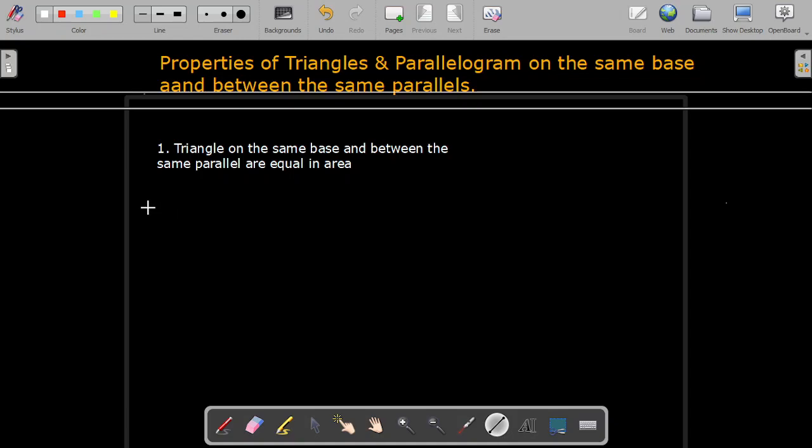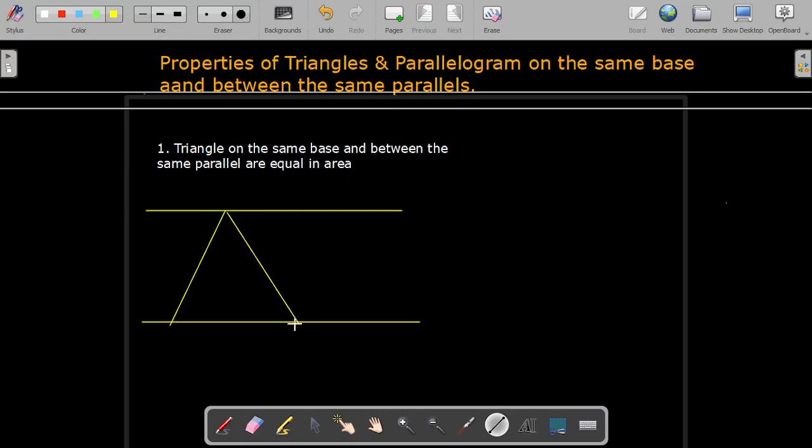If you have two parallel lines like this, we have two parallel lines here, and we have two triangles like this on the same base. We have another one here as well. We have another triangle here.